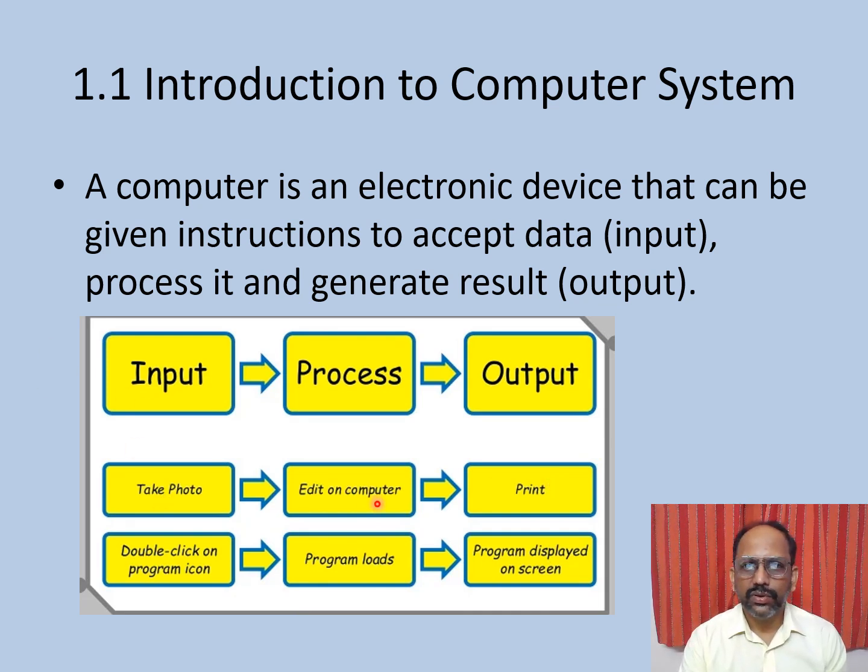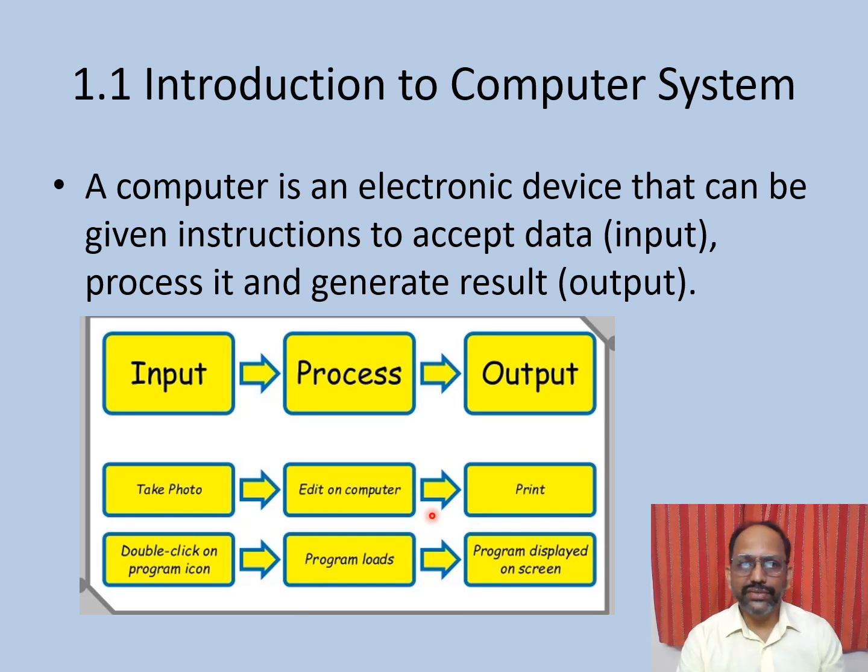The photo. What am I doing on that photo? Using specific software, I'm going to make suitable changes in that photo. The result of that is the photo I want at the end. That is the output of the changed photo. I can see it on the screen or take a print using a printer device.